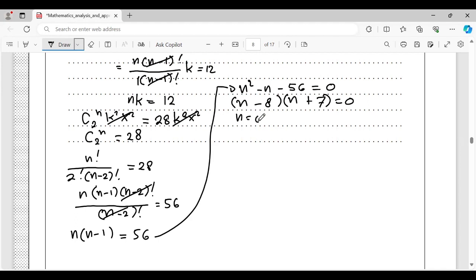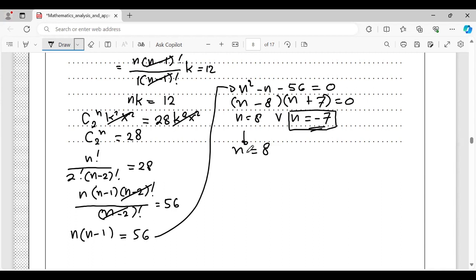So n equals 8 or n equals minus 7. This is not the solution because n cannot be minus 7. So the solution is n equals 8.